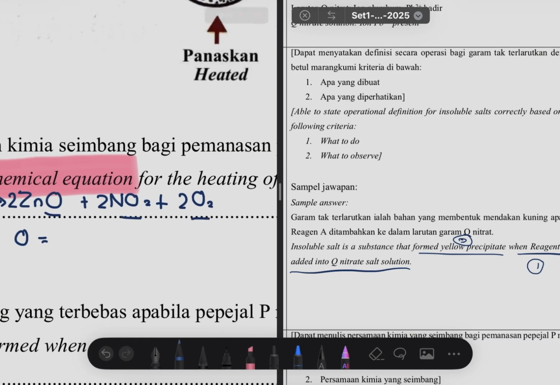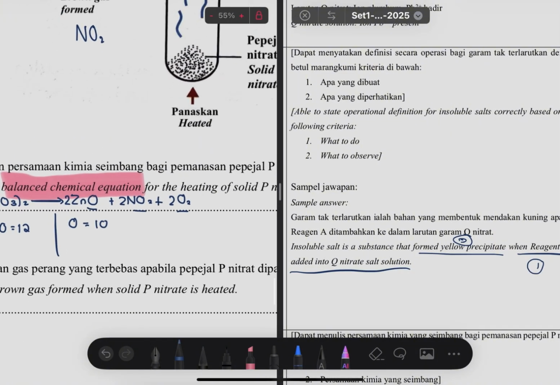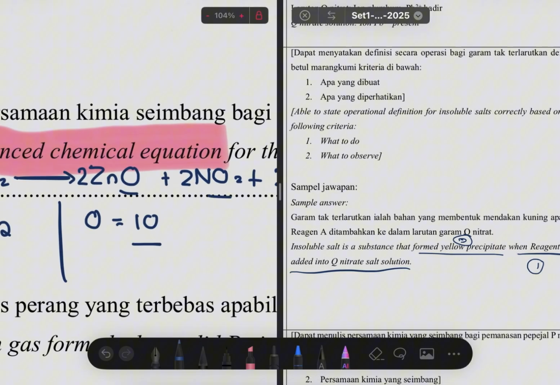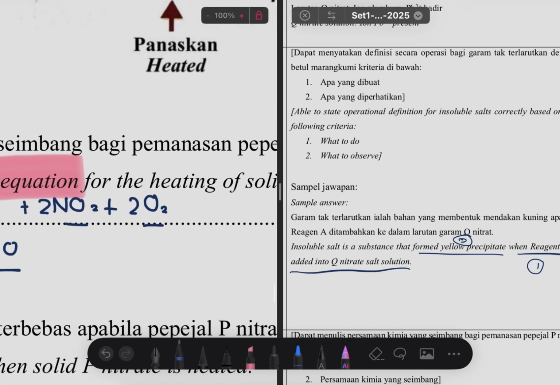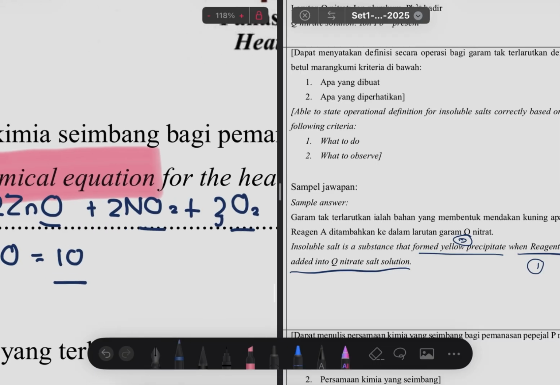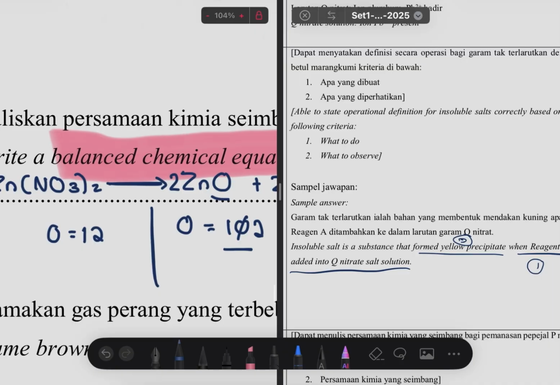So just might as well make everything even and save your life. And other than that, you make sure if there's CHO present, always to balance C first, H first, and then oxygen. And I think that's about it.